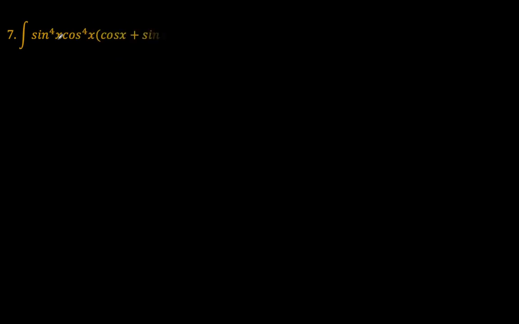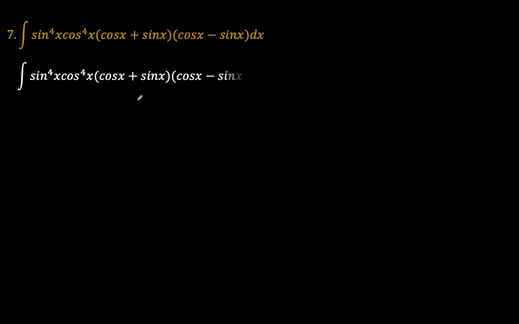Sine to the power 4x times cosine to the power 4x times, in brackets, cosine x plus sine x times cosine x minus sine x. This is the product of the sum and the difference of the same two numbers. So we have sine to the power 4x cosine to the power 4x times cosine squared x minus sine squared x.